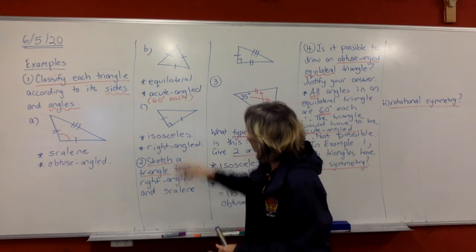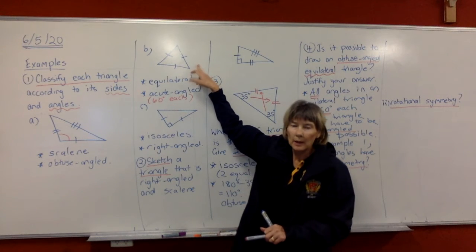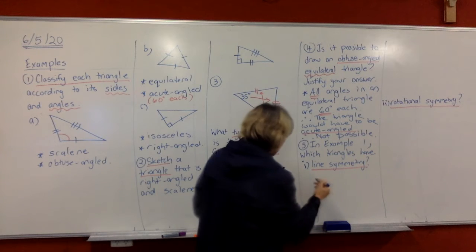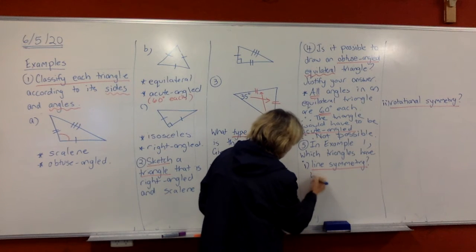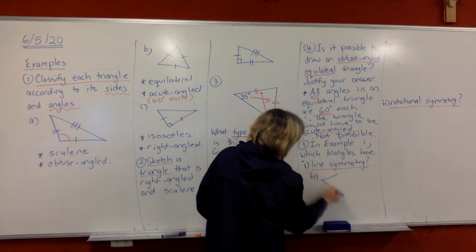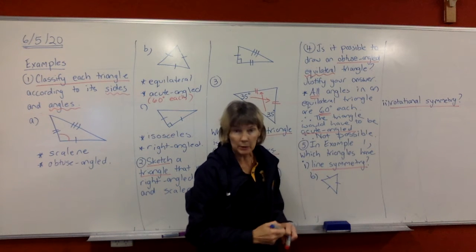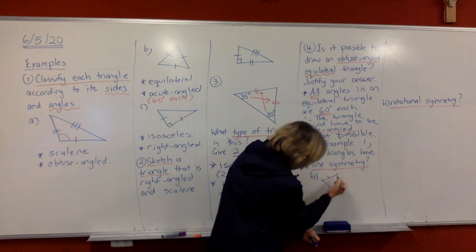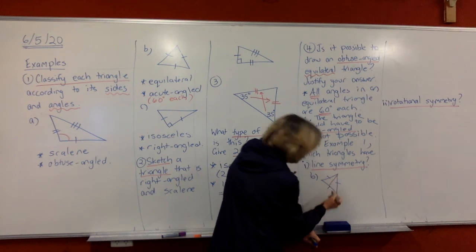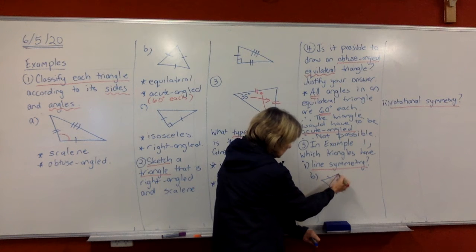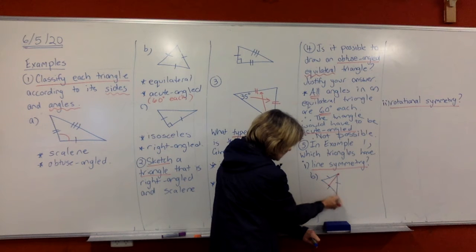Alright, the next one, let's see if that has line symmetry. Well, that's an equilateral triangle, so there should be something symmetrical going on there. So in B, if we have a look at this equilateral triangle, it will have line symmetry. Okay, I can draw straight through here to be an axis of symmetry from this corner to the middle of that side.